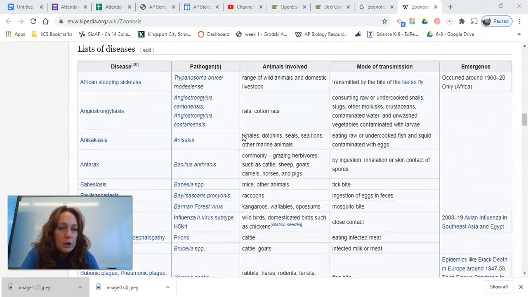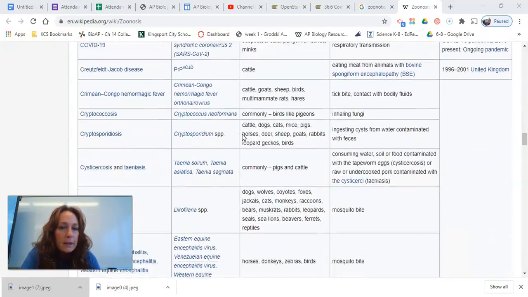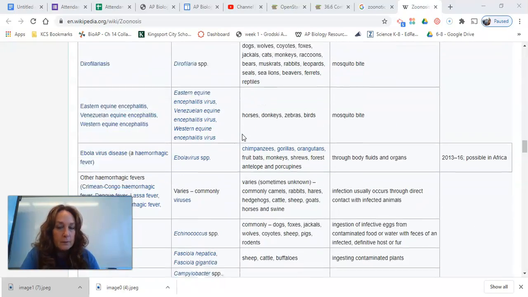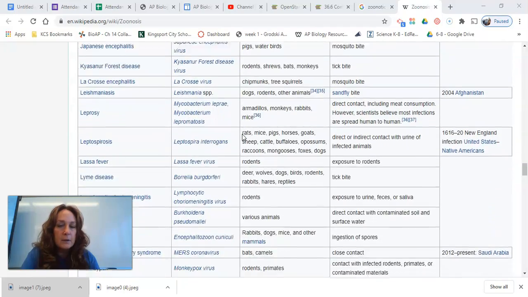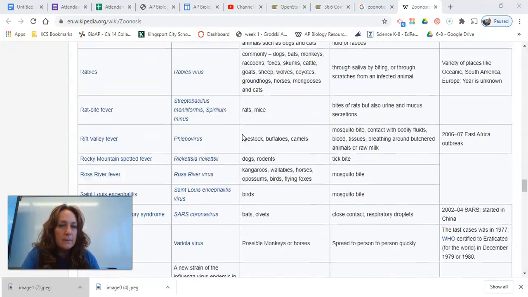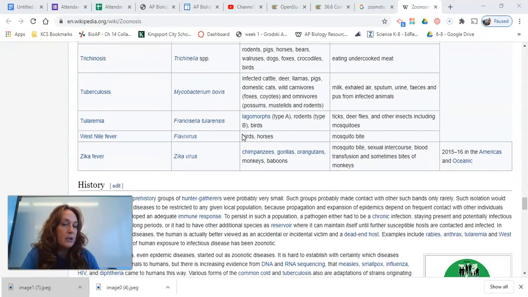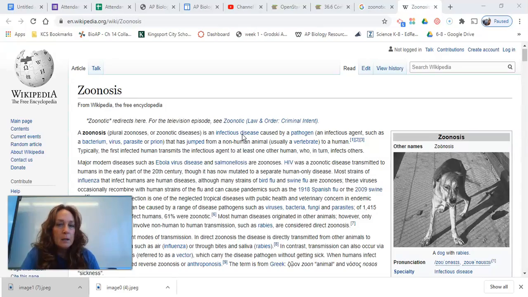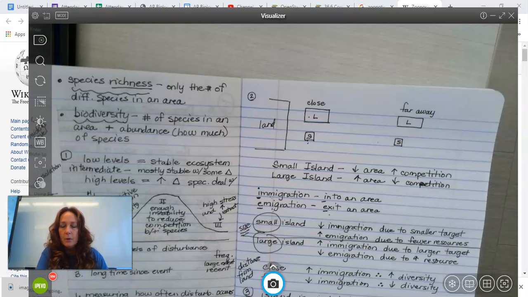So I wanted to show you all of the different ones that started off infecting other organisms and then, look at all this, was able to be infectious for humans. So there's a lot more than you think. The pictures didn't show it as well, so I wanted to go get you a list.